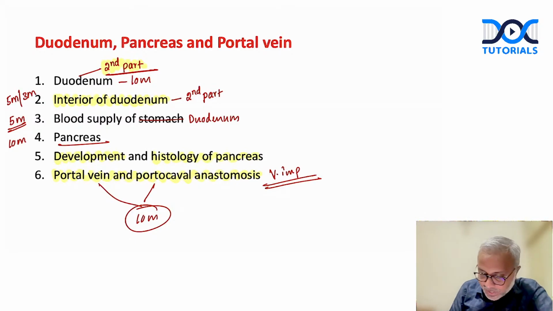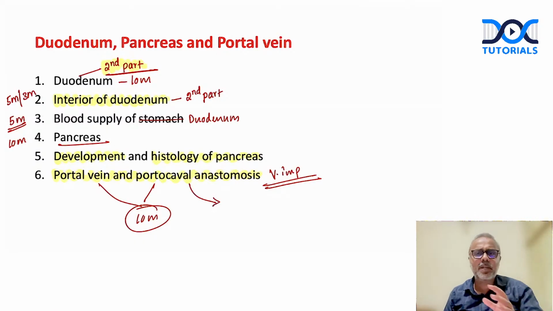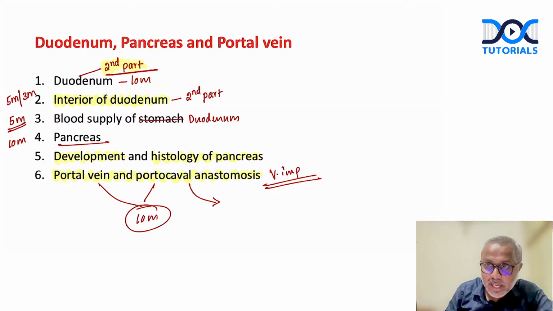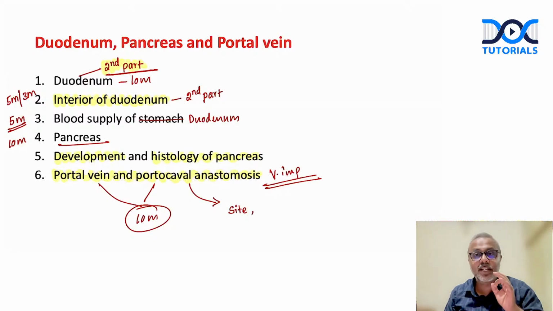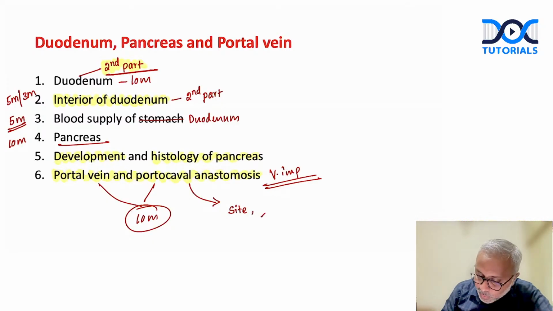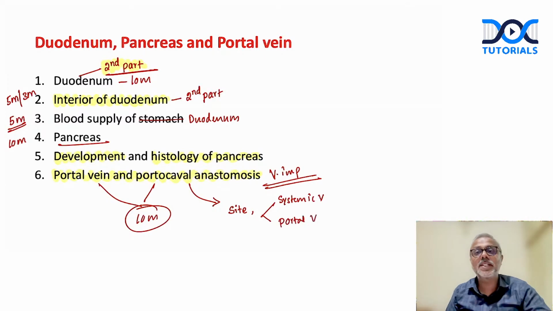Now, in portocaval anastomosis, remember, we need to remember about 5 to 6 sites, but what we need to remember is where exactly the portocaval anastomosis is present and what systemic veins and what portal veins or tributaries meet. This is a must, right?